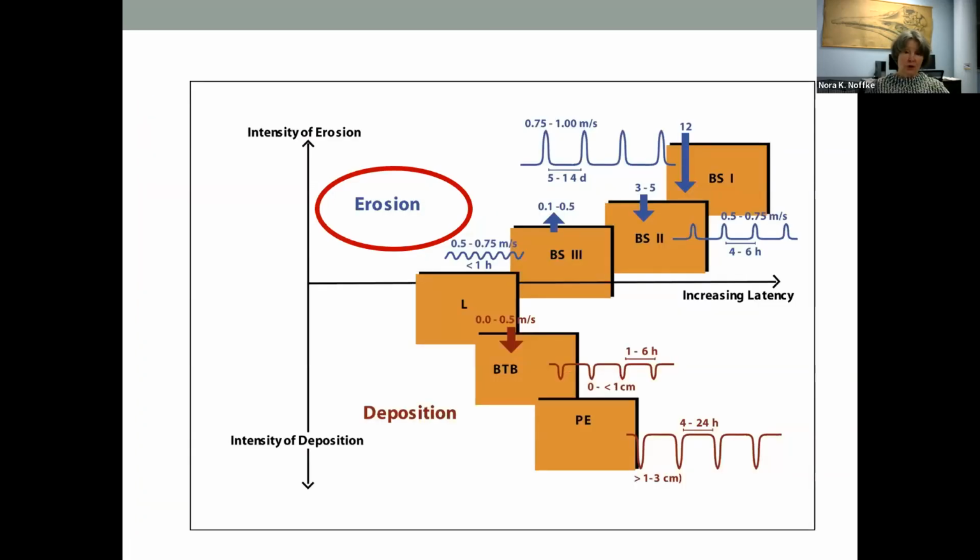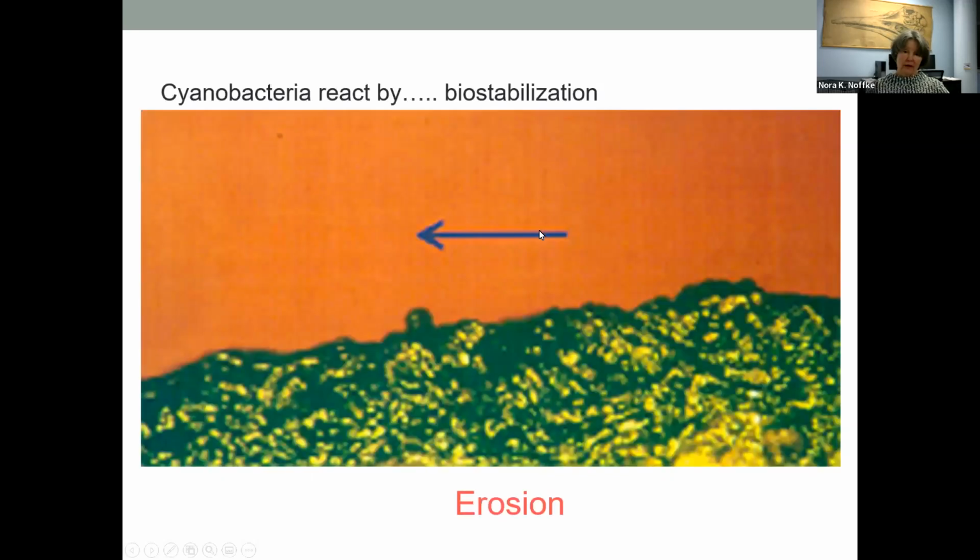So what happens during erosion of sediment? What we can observe is biostabilization. This here is a lateral close-up view onto a modern microbial mat. This is the microbial mat surface, and we see that a current crosses this surface. Here's a sedimentary grain sticking out, completely overgrown by biomass. What we see here, not so much, are filaments that interweave the sedimentary grains.